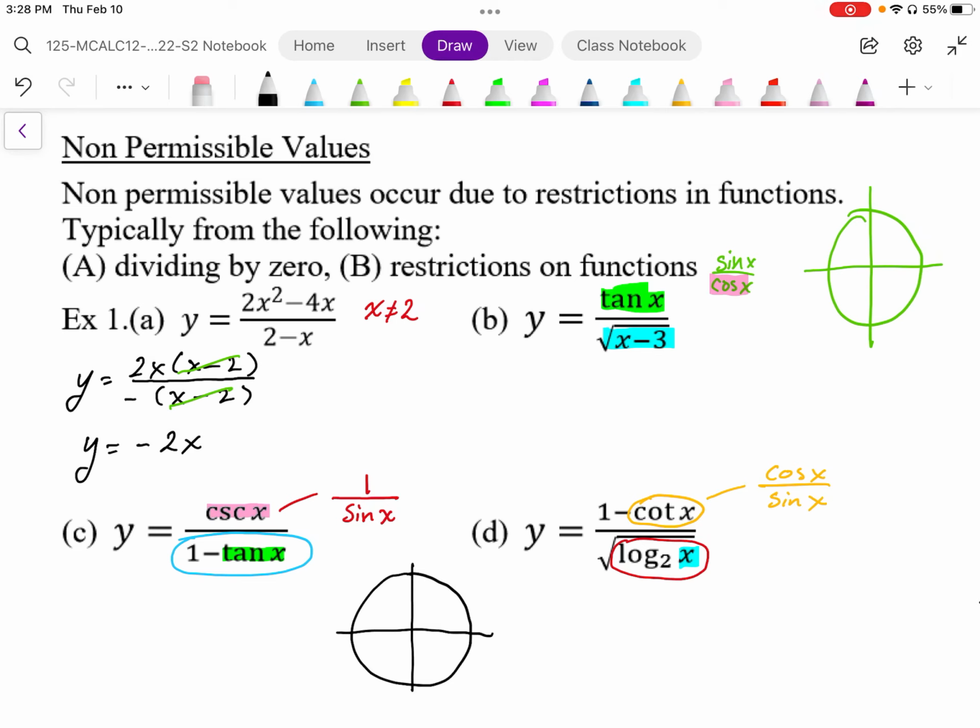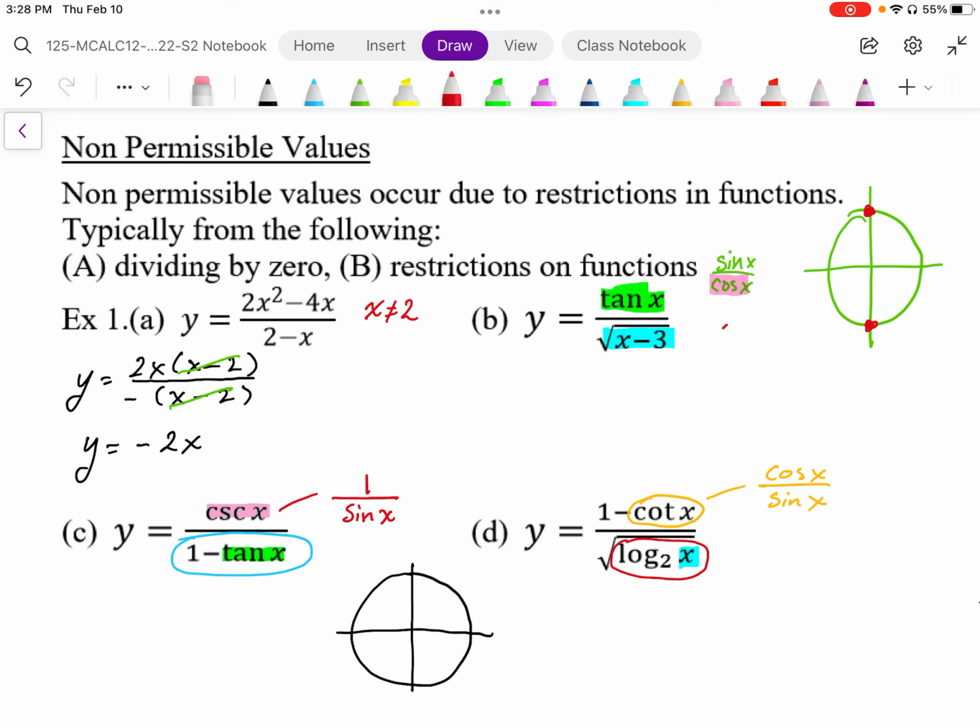Well, tan really is sine over cos. So if it's sine over cos, then we have to worry about the cosine being 0. The cosine is the horizontal, so we cannot let the horizontal equal 0. We cannot have those two positions on the circle, otherwise tan is undefined.